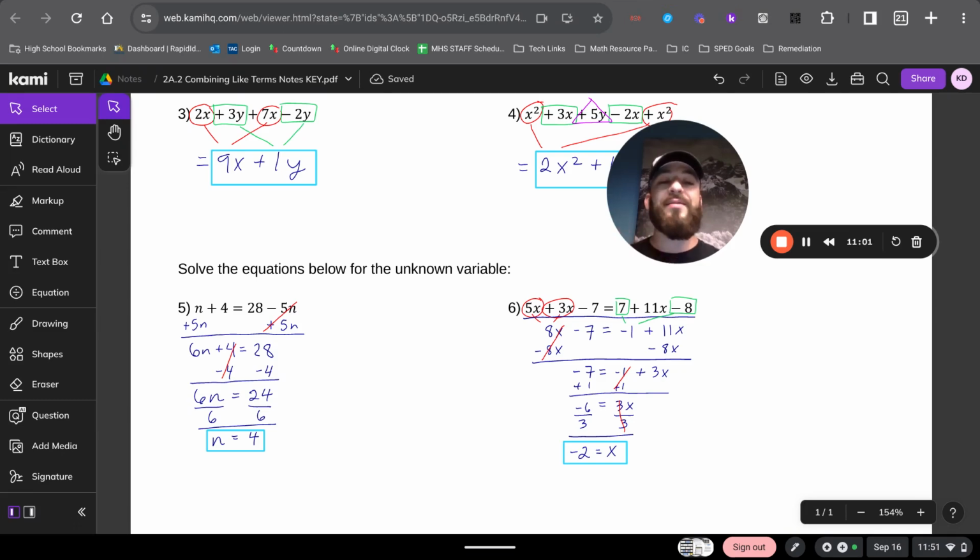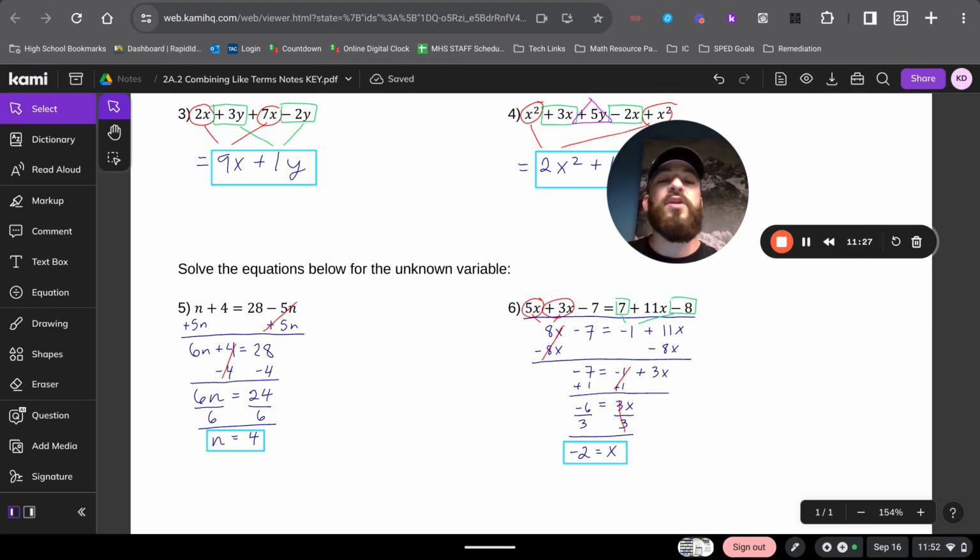We can only combine on the left side of the equal sign or on the right side of the equal sign. And then when we are moving variables or we're moving numbers to one side or the other of the equation, we only want to apply that addition or that subtraction to the like terms on each side of the equation. That's why on number 5, I added 5n to my other n term, and then minus 4 to 28.